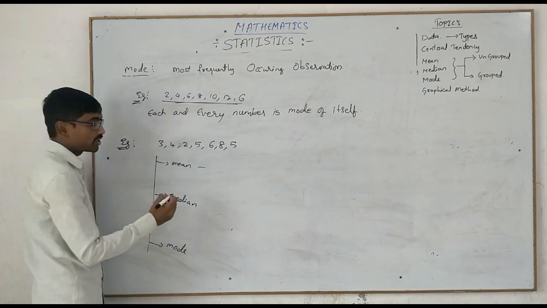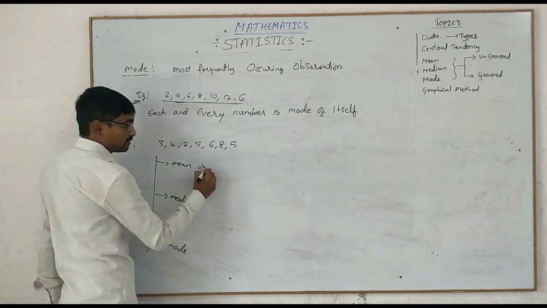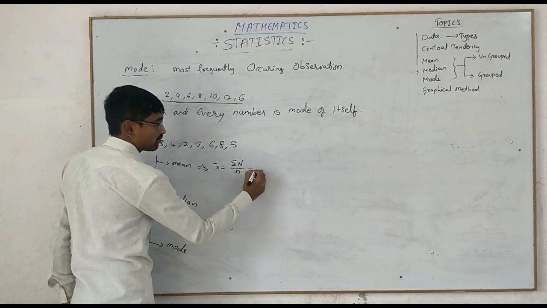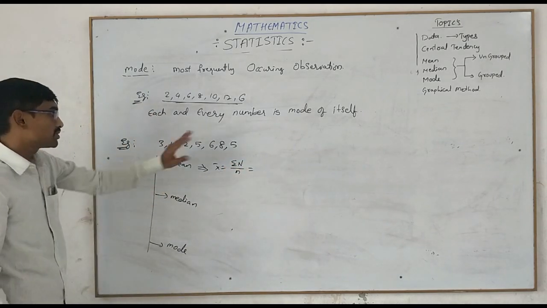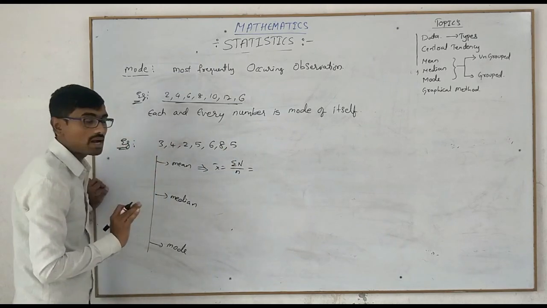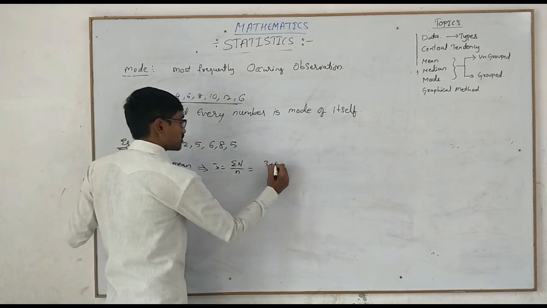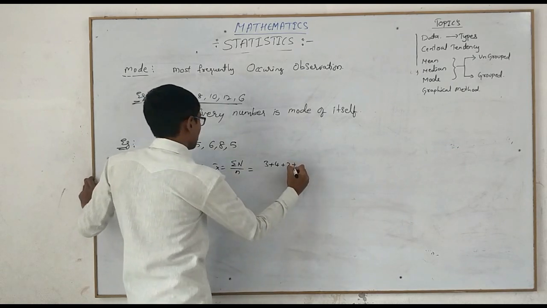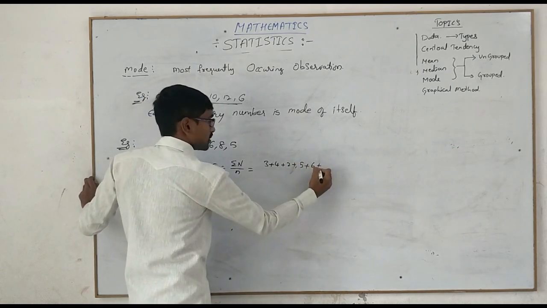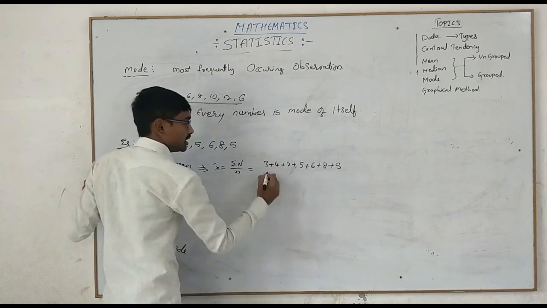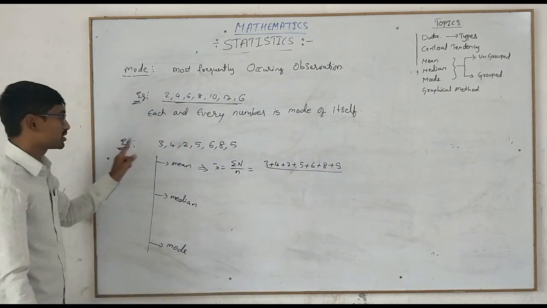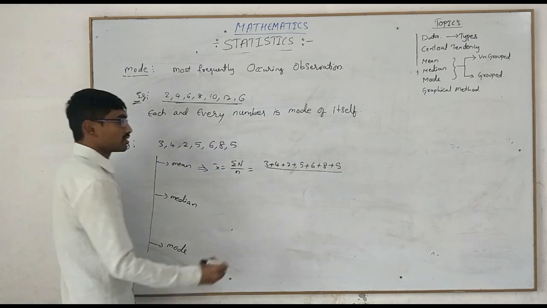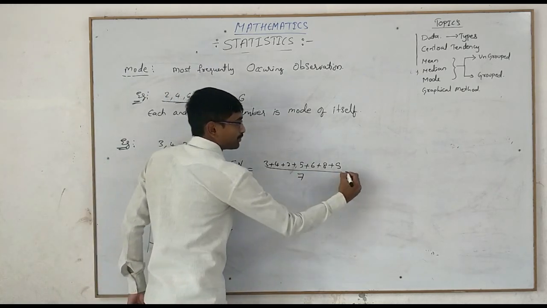For finding the mean, I have already told you the formula. X bar is equal to the sum of observations divided by the number of observations. All these observations we have to add. So 3 plus 4 plus 2 plus 5 plus 6 plus 8 plus 5, divided by the number of observations, 1, 2, 3, 4, 5, 6, 7, divided by 7.